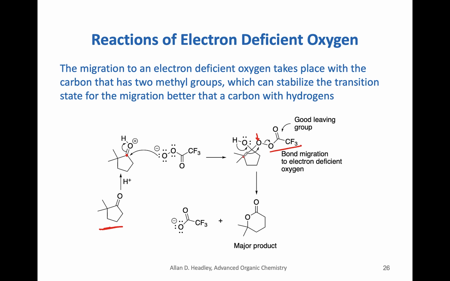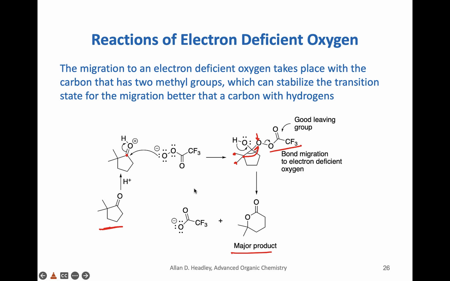Notice here we have a carbon that's actually migrating over to here, but it has two methyl groups here that can stabilize the transition state for that migration much better than if it were just hydrogens. So this now becomes the major product here for this cyclic ester.